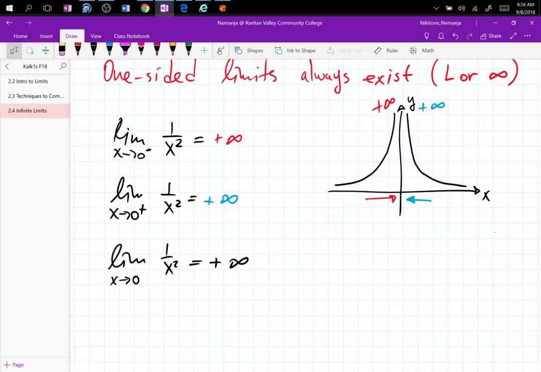The one without minus and plus is the two-sided limit, which is the overall limit, which could exist or not exist depending on what these guys have. The major theorem from last class said that if the left and right limits are the same, the overall two-sided limit exists, and it's that number, or infinity in this case. If these left and right limits are different, then your overall limit does not exist.